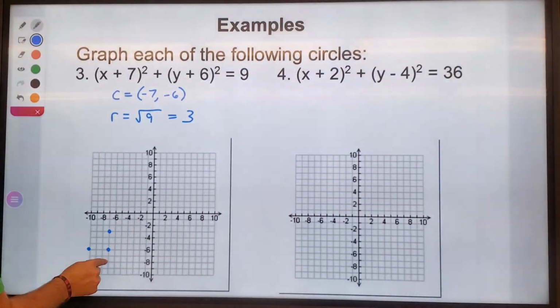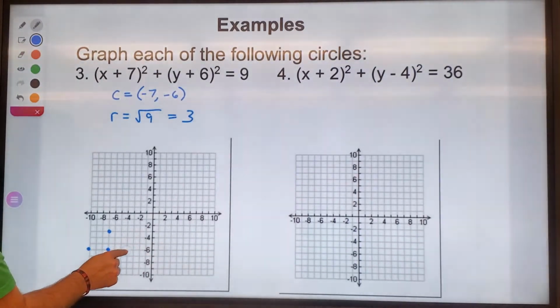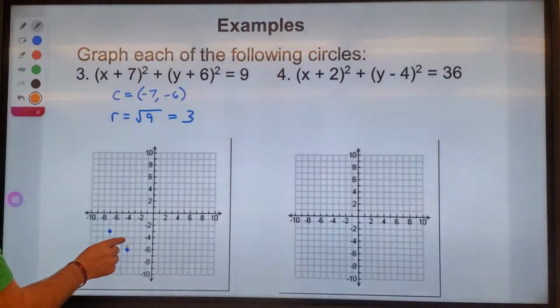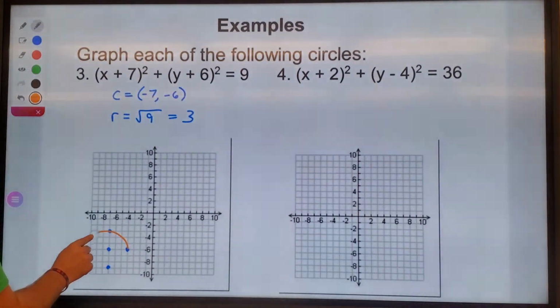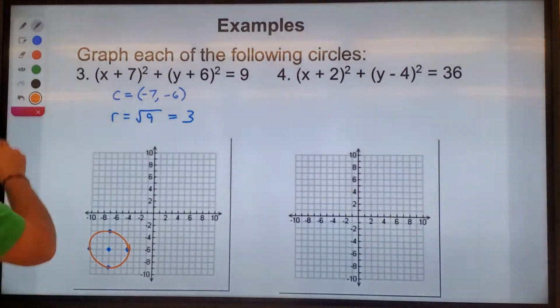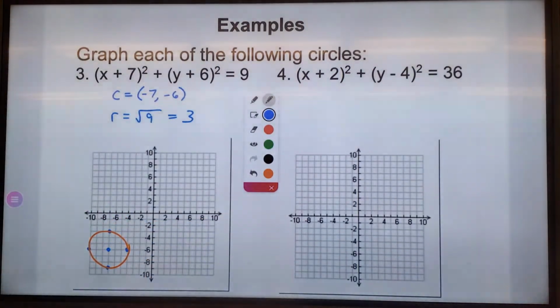Back to the center, 1, 2, 3, dot. Okay, now I have my points. I need to go all the way around.